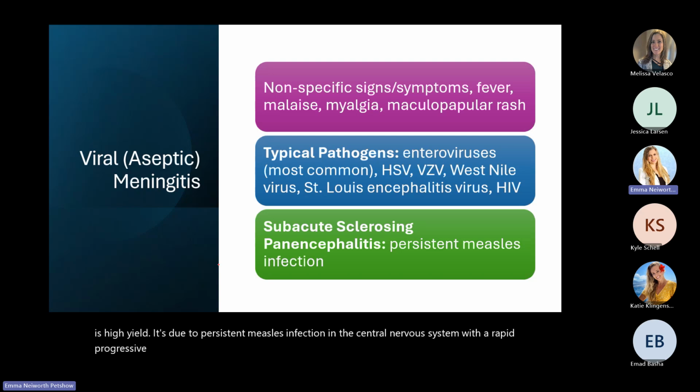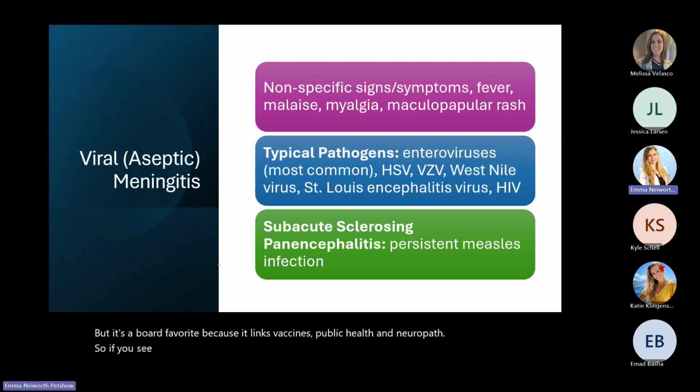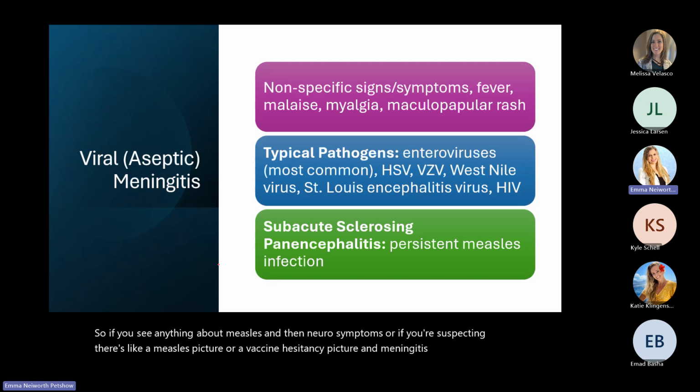It's typically more encephalitic, so more brain than meninges, but it's a board favorite because it links vaccines, public health, and neuropathology. So if you're suspecting a measles picture or a vaccine hesitancy picture and a meningitis-type presentation, I would go measles if that's an option for a viral cause.